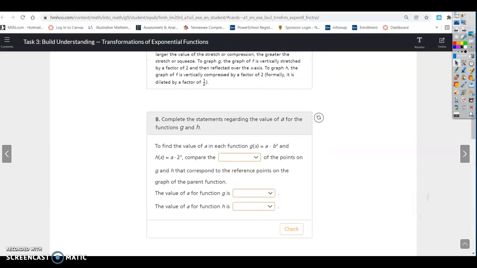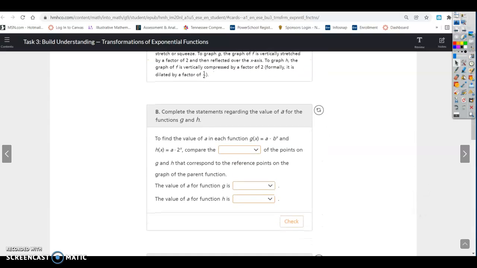All right, so it says complete the statements regarding the values of a for the functions g and h. To find the value of a in each function, g of x equals a times b to the x power and h of x equals a times 2 to the x, compare the y coordinates of the points of g and h that correspond to the reference points on the graph of the parent function.